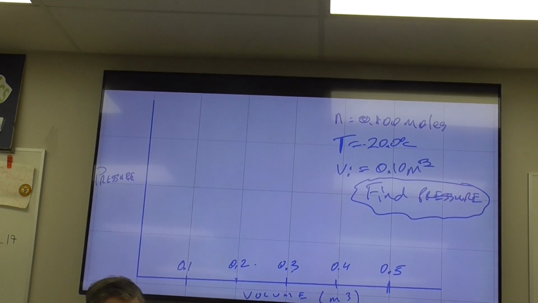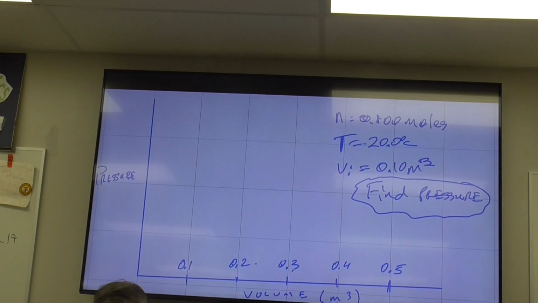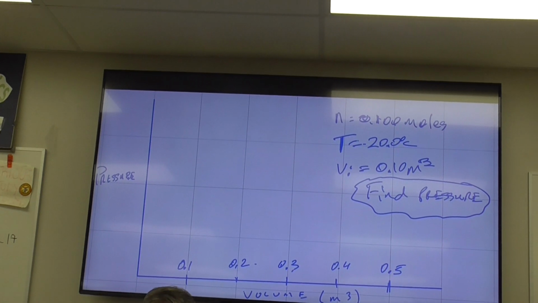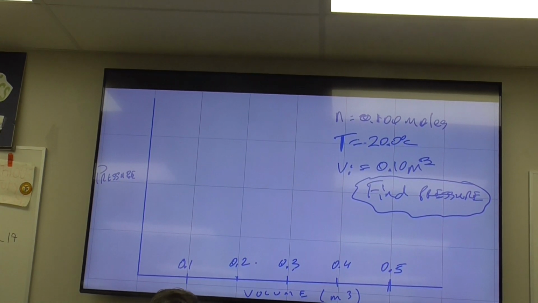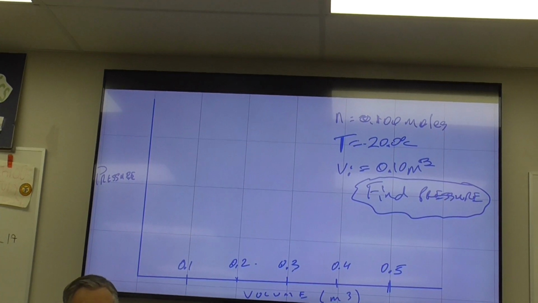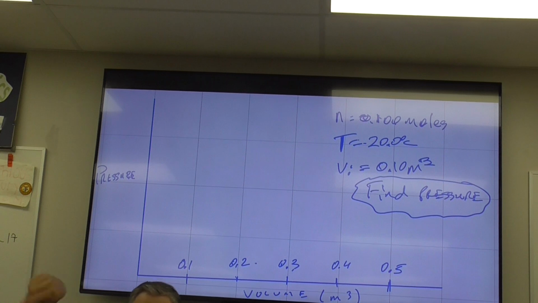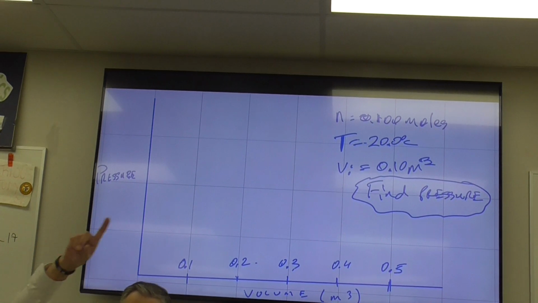So what this graph allows us to do is keep track of three different processes, what we call isovolumetric, isothermal, and isobaric. The word iso means the same. If you ever study meteorology or weather, one of the things you focus on are isotherms. Isotherms on a map are lines of equal temperature.